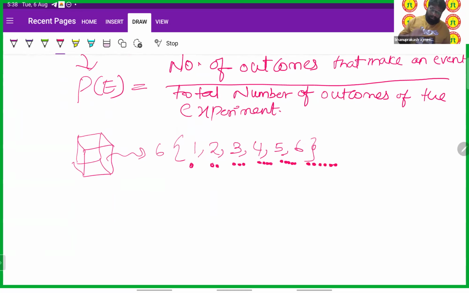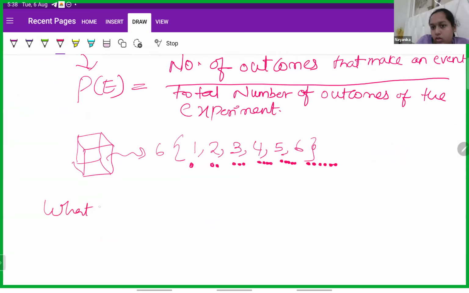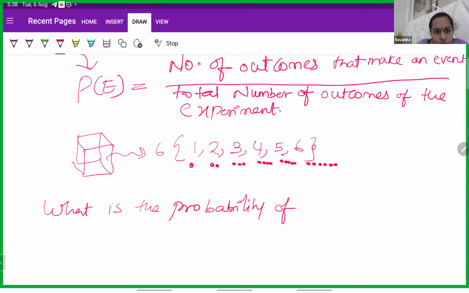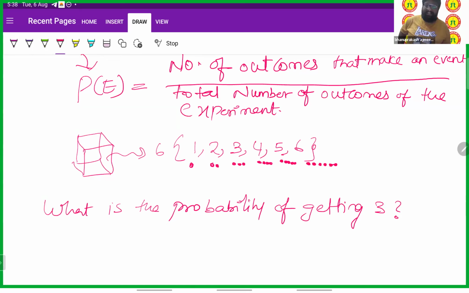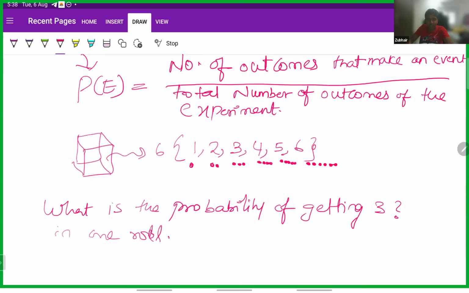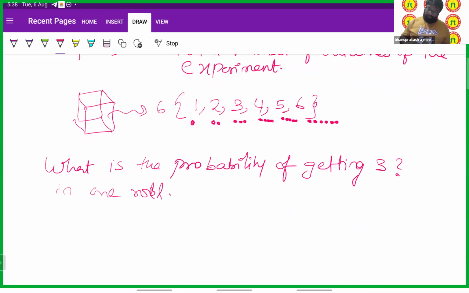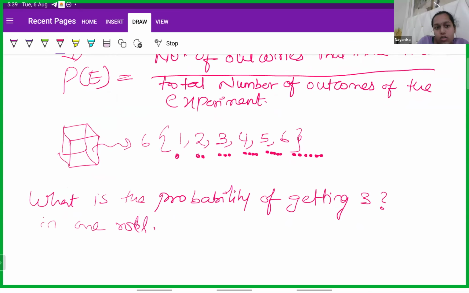So now I will tell you the probability of an event. What is the probability of getting 3 in one roll? Sir, 1 by 6. Okay, so how will you tell this?